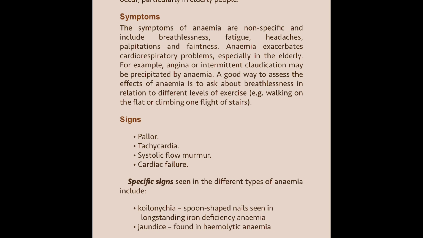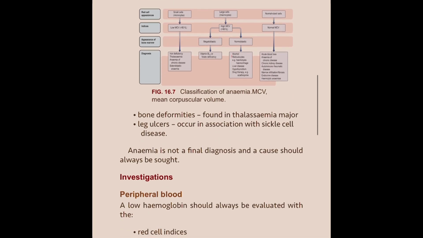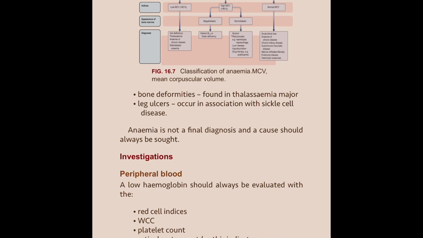Specific signs seen in the different types of anemia include koilonychia, spoon-shaped nails seen in long-standing iron deficiency anemia, and jaundice found in hemolytic anemia. Bone deformities are found in thalassemia major, and leg ulcers occur in association with sickle cell disease. Anemia is not a final diagnosis, and a cause should always be sought.